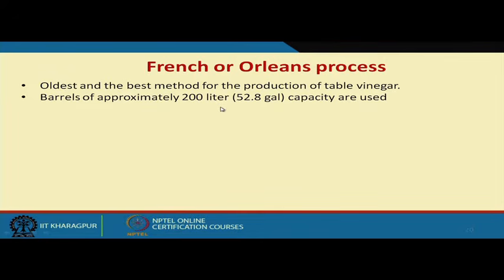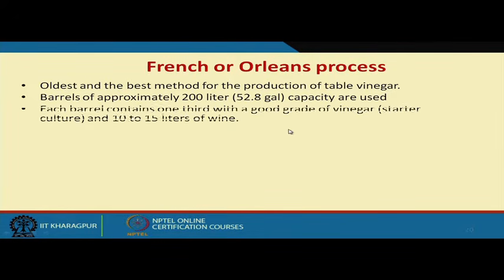Barrels of approximately 200 liters capacity are used. Each barrel contains one third of a good grade of vinegar. I told you that a significant amount of vinegar is required at the startup of the fermentation process. One third of 200 liters is approximately 66 liters.